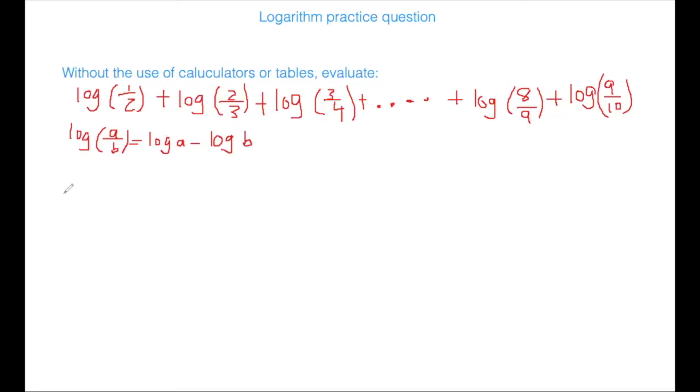So applying this rule, where I have log a half, I'm going to rewrite it as log 1 minus log 2. Plus, then we have log 2 over 3, division, so we can express it as subtraction. So I have log 2 minus log 3.